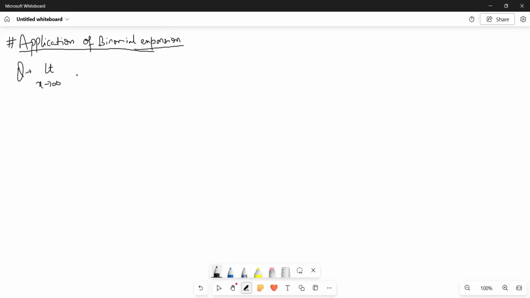Limit x tending to infinity, cube root of x cube plus 3x square minus root over of x square minus 2x.